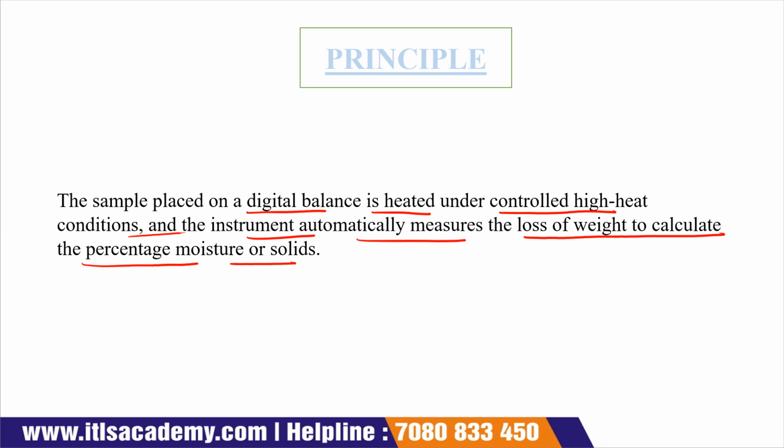When we put a sample onto the digital balance, it automatically measures the loss of weight, and according to the loss of weight, it calculates the percentage of moisture or solids. Here the sample is corn flour. So basically this is the principle behind this experiment.